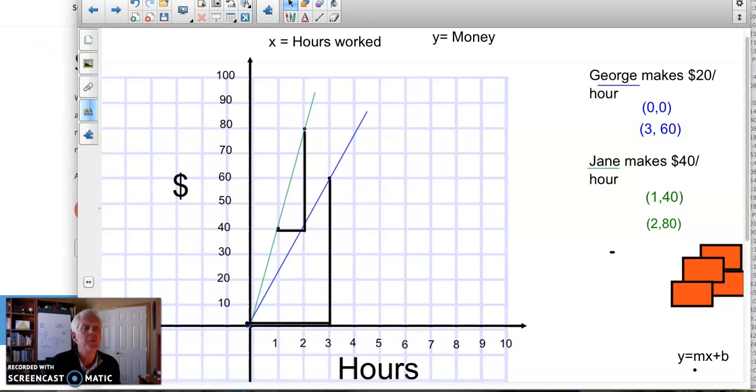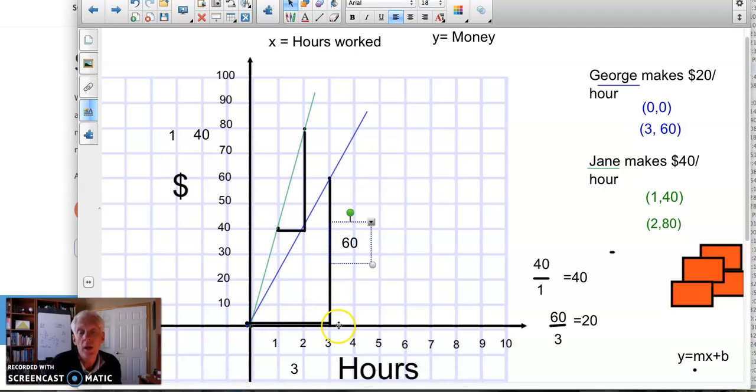His run is in hours: 1, 2, 3. This has a run of 3. So rise over run is 60 over 3, and you can simplify that to 20.